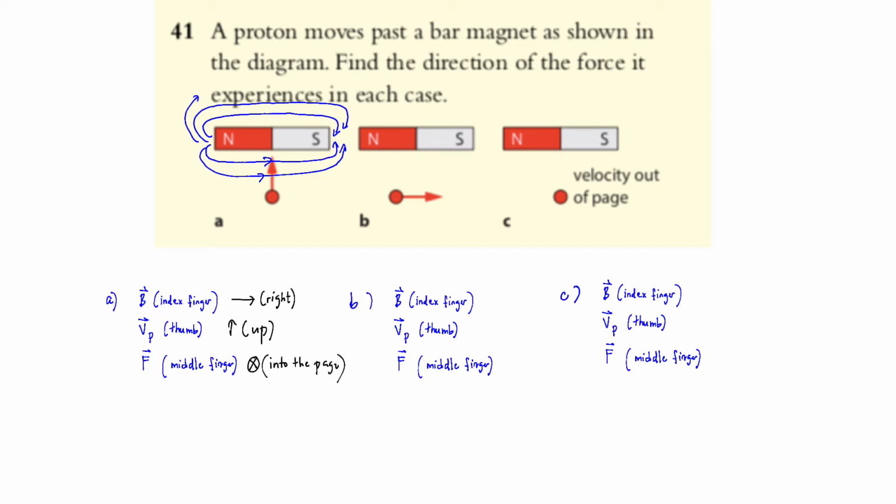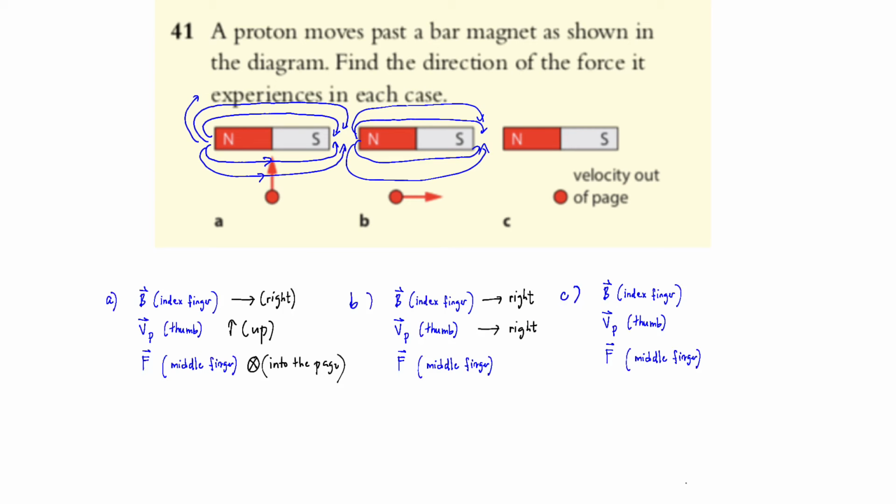Now, how about for the case of letter B? Again, if we try to draw the magnetic field here, we're going to go like this. And again, the index finger will point to the right. Now, the velocity, the thumb, would also be pointing to the right.